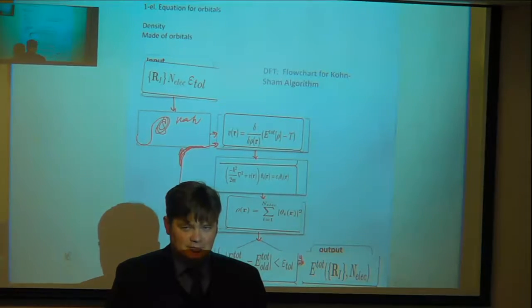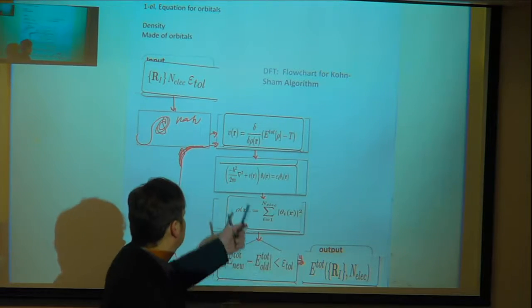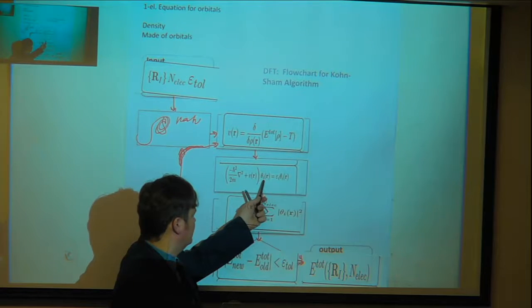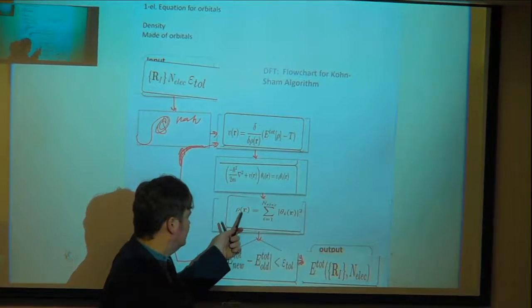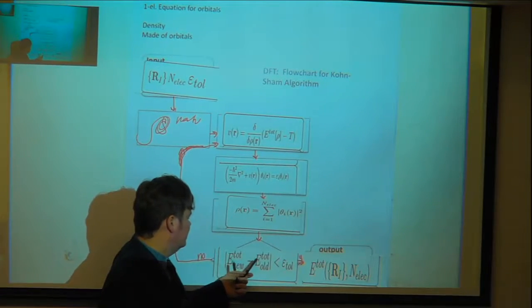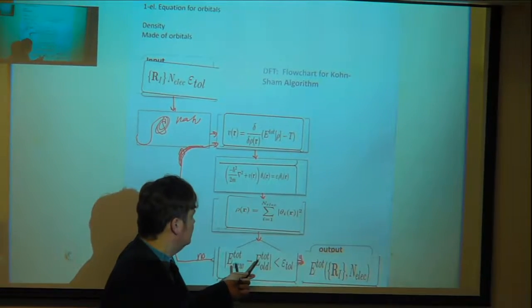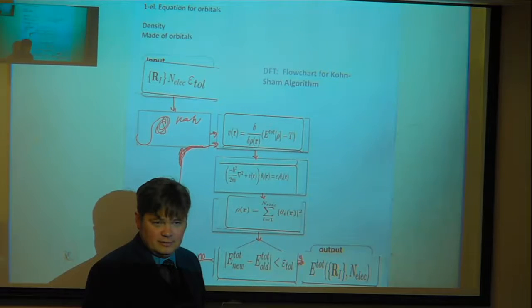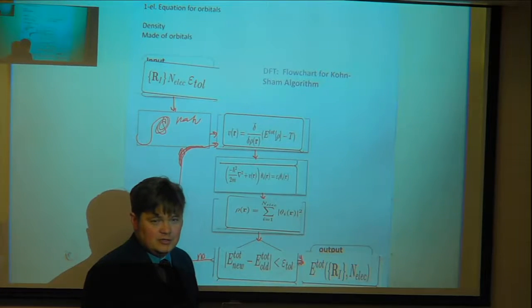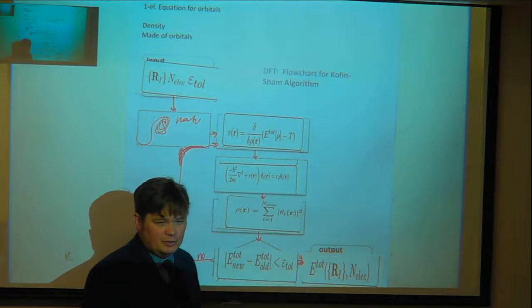Total density gives rise to potential that allows us to solve Kohn-Sham equations for Kohn-Sham orbitals, which determine density, and the procedure is repeated in a self-consistent way until the tolerance limit is achieved.